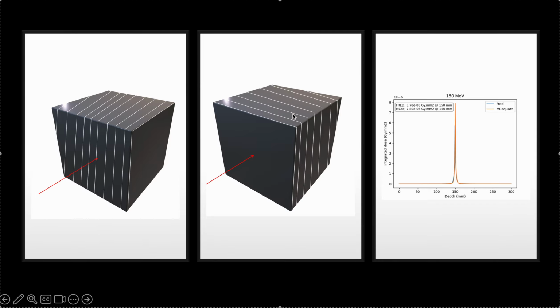For the integrated depth dose for the Bragg peak, I computed the dose deposited in each slice, in this plane. So in this plane, let's say it deposited 5 gray millimeter square. In this slice, it deposited 7 gray millimeter square. In this slice, it deposited 10, and then 20, because you get the Bragg peak here and it goes to 2 or something. So that's how I got the Bragg peak.